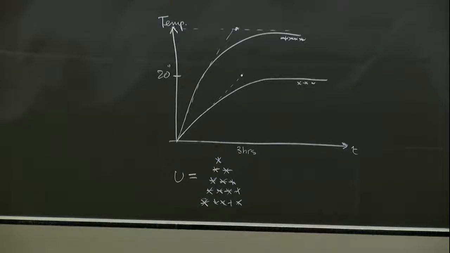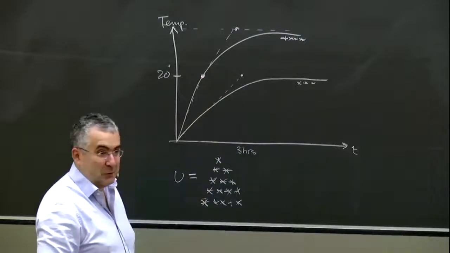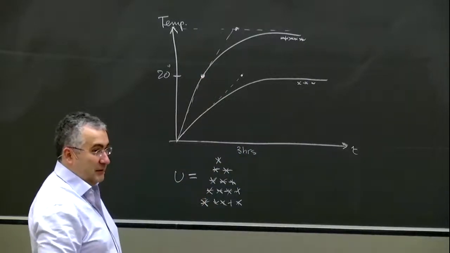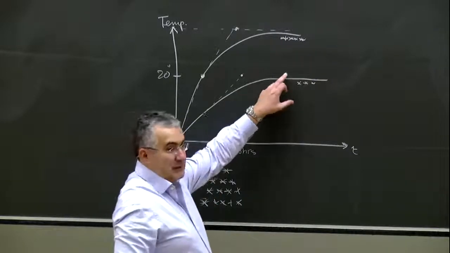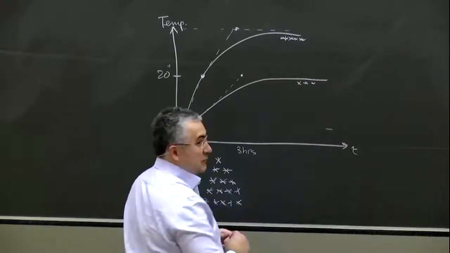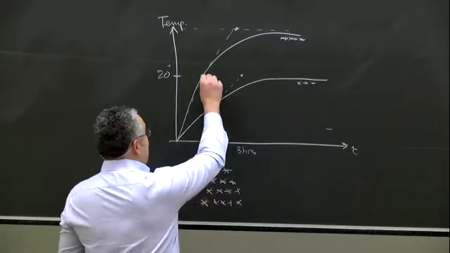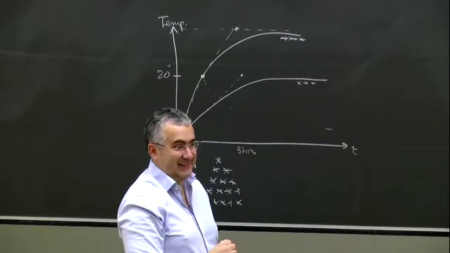So you're saying that when it gets here, you will set it to 1. If you set it to 1, what do you think will happen? This is the equilibrium temperature for 3, so maybe the equilibrium temperature for 1 will be somewhere here. So if you set it to 1 here, it will probably start decreasing again.